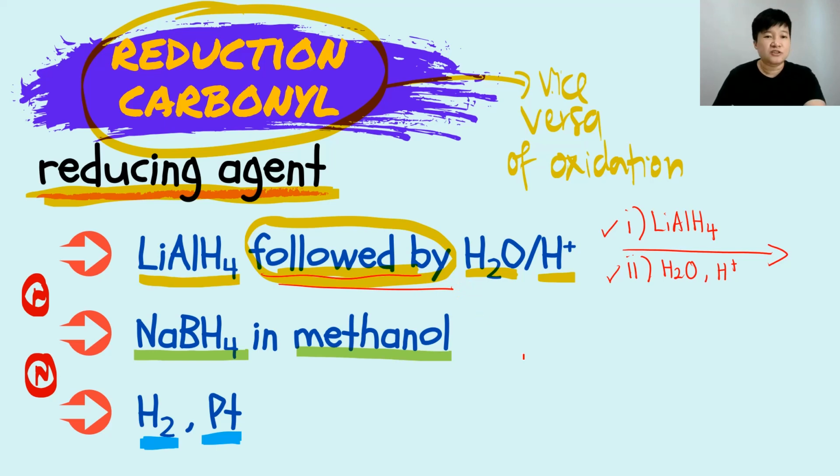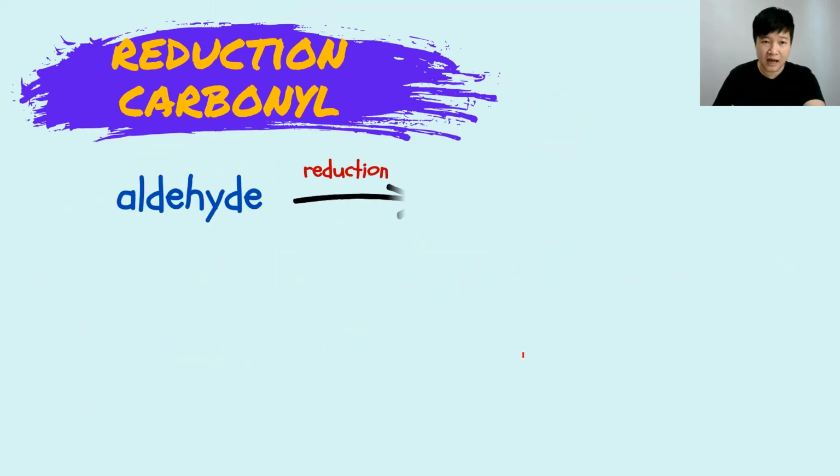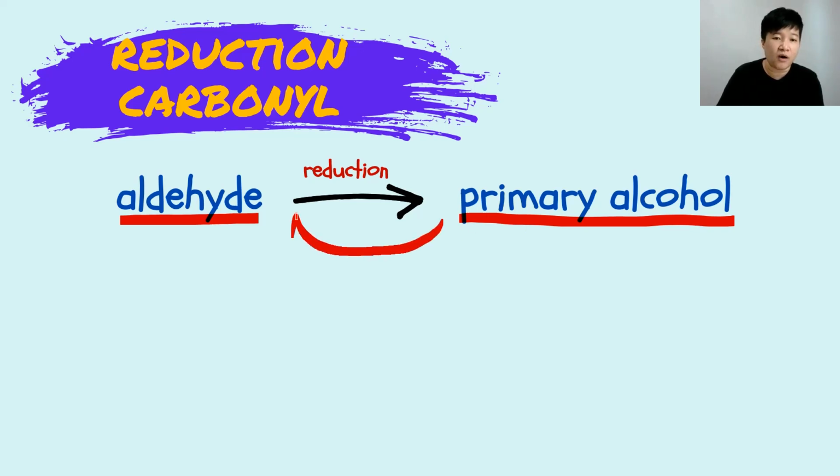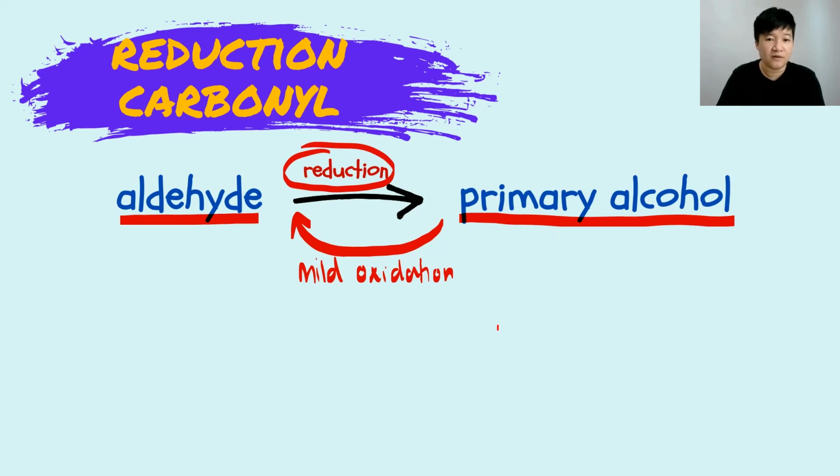Okay? So let's see how the reduction of carbonyl works. The reduction of aldehyde will give you primary alcohol. I hope you can see the vice versa of it, because when your primary alcohol undergoes mild oxidation, it will become aldehyde. So when your aldehyde undergoes reduction, it becomes primary alcohol.